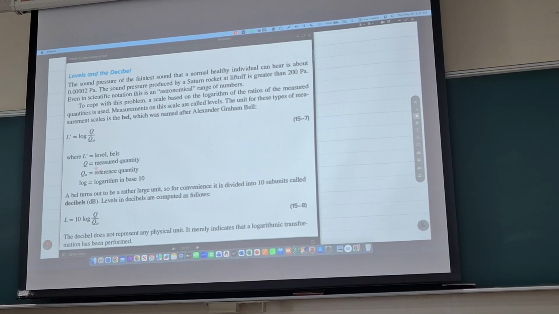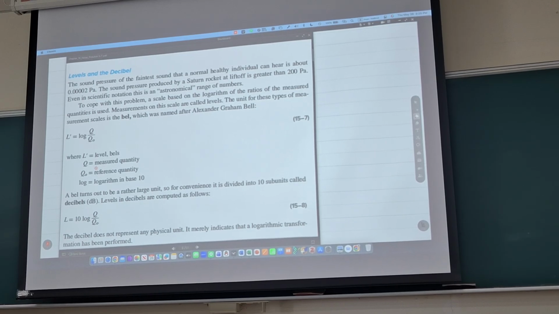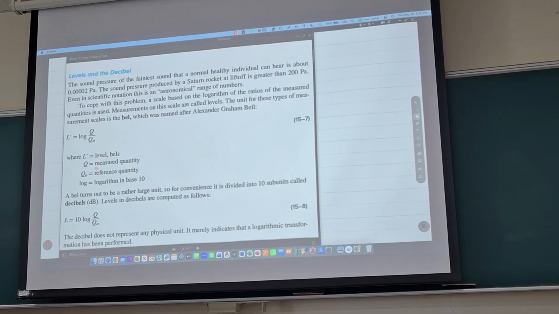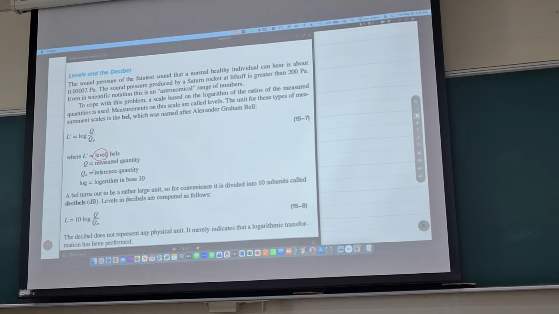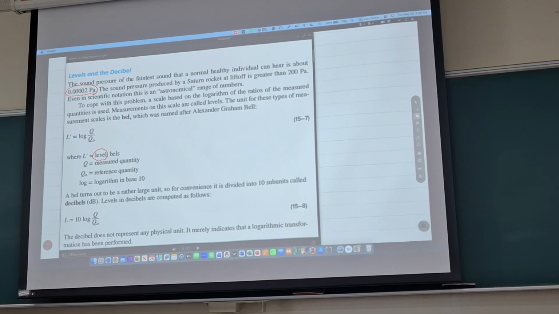Okay, so this is another formula. This formula shows you the sound level. What is this? 0.00002 Pascal.